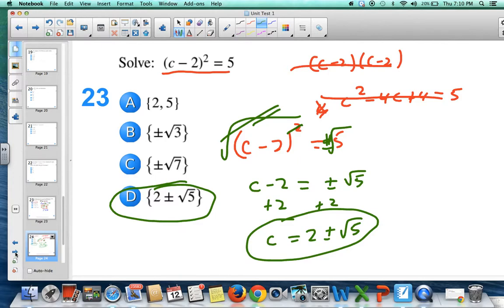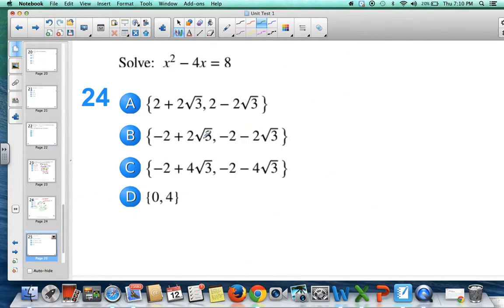And now a couple more problems, 24. We're asked to solve this. A lot of times we try to plug in, but it's hard to plug this in, so we're not going to try to do that. We will try to complete the square though. So the first step would be to write this again, but I'm going to leave a space because I know something's going to go there so I can complete the square.